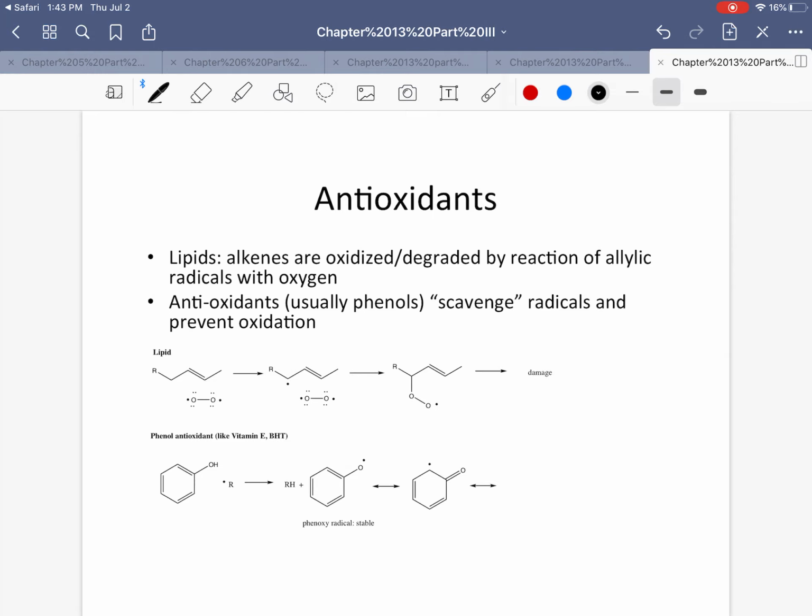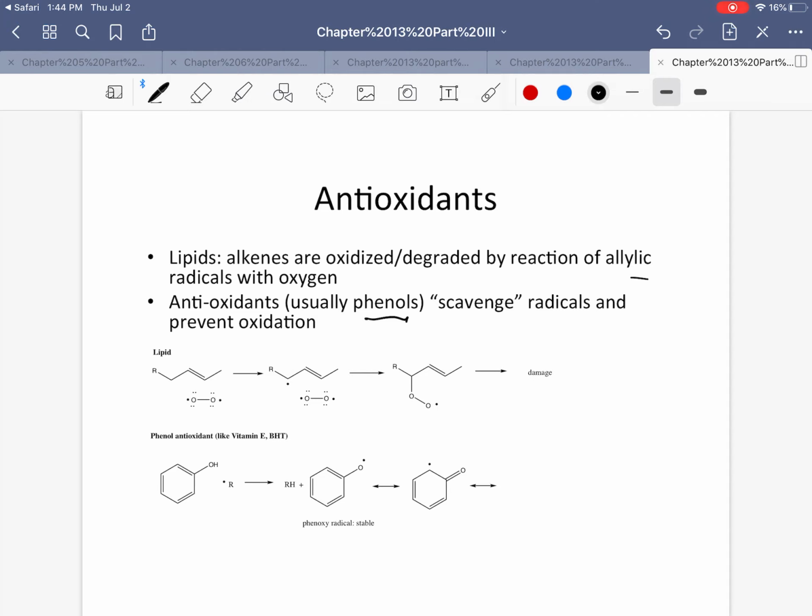So the last topic is antioxidants and oxidative damage. So your book has bigger pictures of lipids, but lipids are alkenes, so they're fatty acid esters, and you know that if you, for instance, leave butter out, it is going to get stinky, and any type of food with fats in it is going to degrade, get oxidized, and this is coming from reaction of allylic radicals with oxygen.